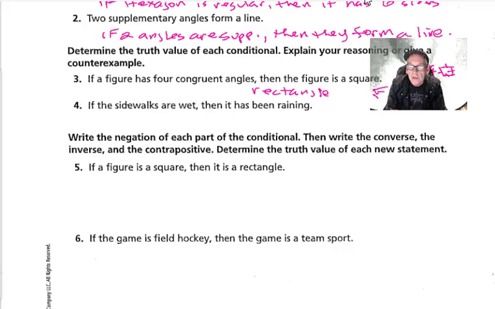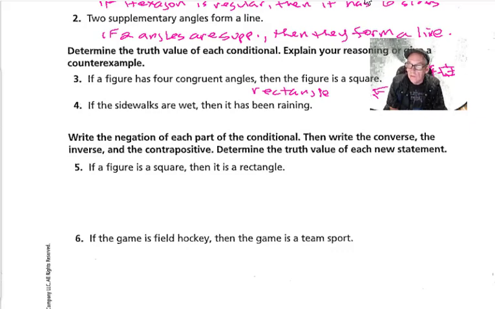If the sidewalks are wet, then it has been raining. Early in the morning, there could be fog and it could leave the sidewalks wet, like dew on the grass, but still no rain. Somebody's sprinkler could be on and the sidewalks are going to be wet and there's not been any rain.